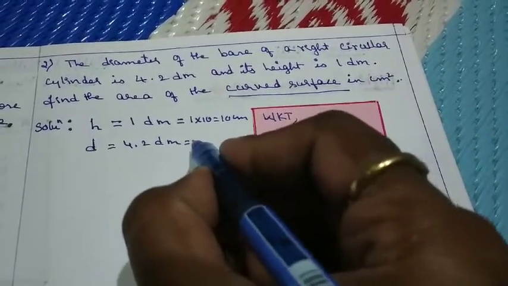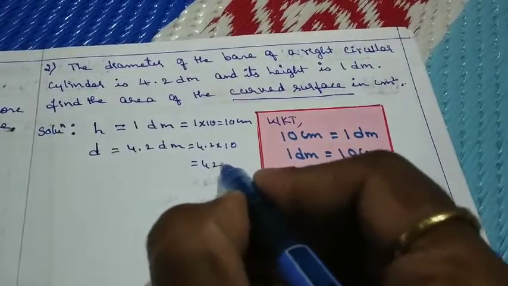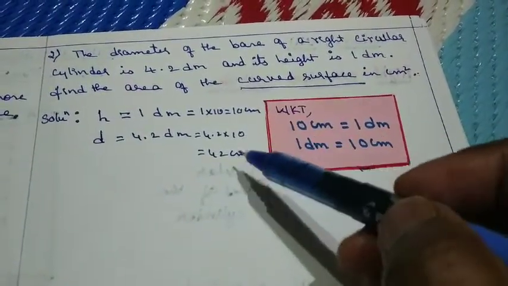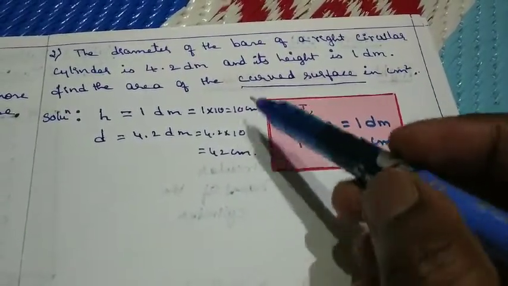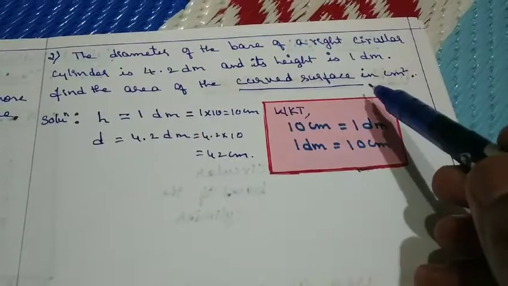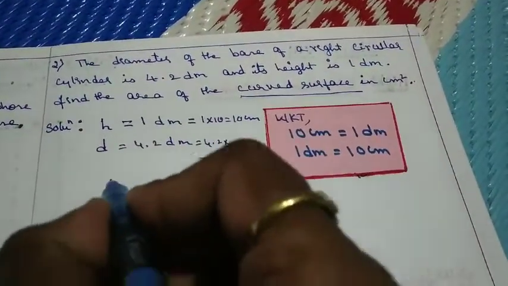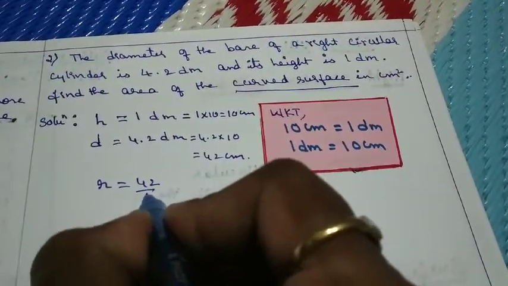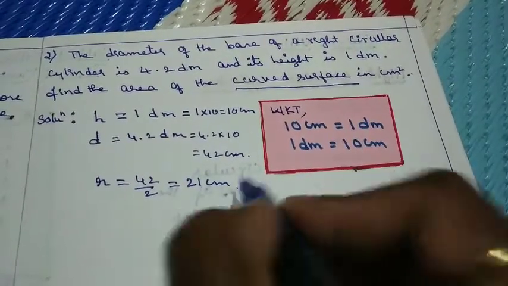Then 4.2 into 10 is nothing but 42 centimeter. Now both the dimensions have been converted into centimeter. But here the diameter is given, we need to convert into radius, that is r equal to 42 divided by 2 equal to 21 centimeter.